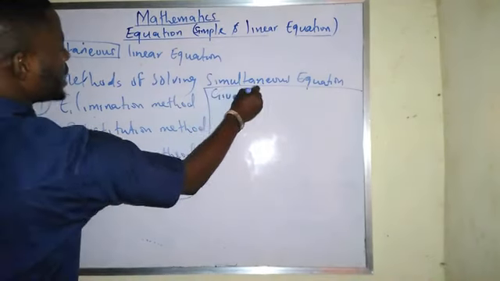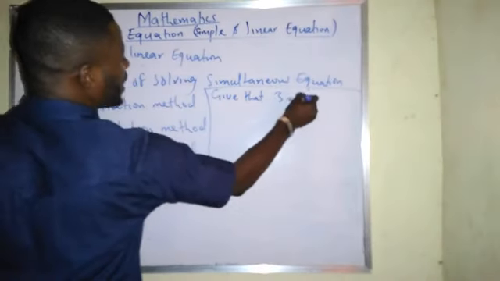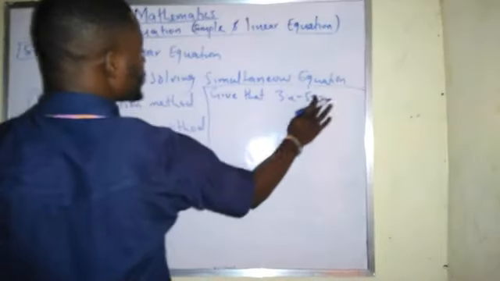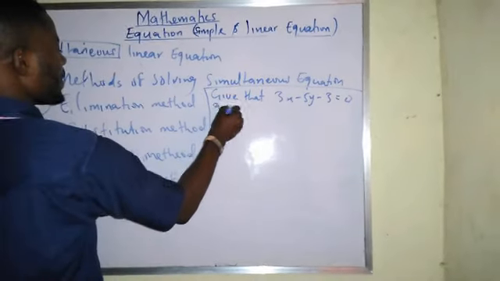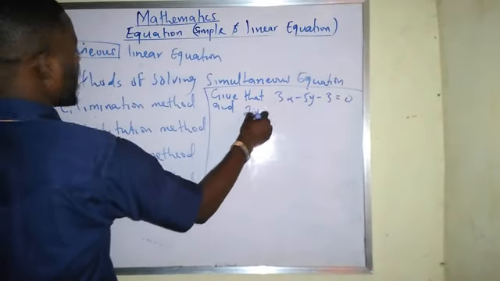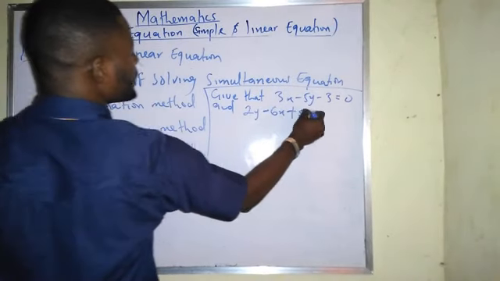Given that 3x minus 5y minus 3 equals 0, and 2y minus 6x plus 5 equals 0.